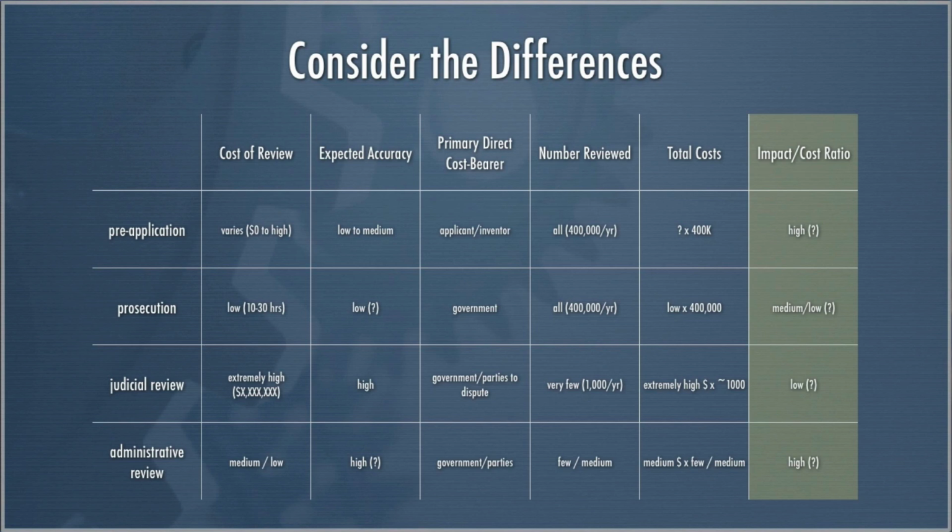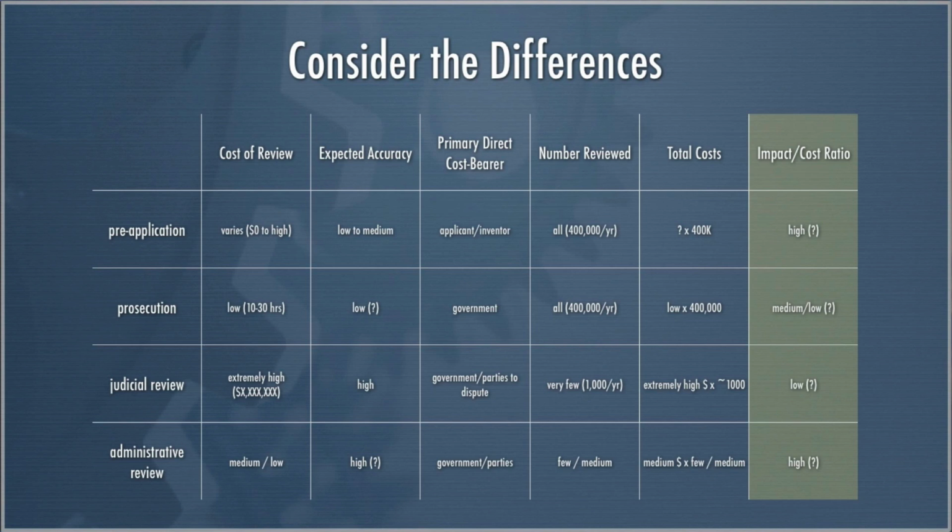And indeed, they probably don't even know which patents are the more important ones, and so they can't vary the impact. I think the judicial review approach has very low impact. There's just not enough patents that are reviewed. 1,000 a year is just nothing compared to the 400,000 that come in the door at the patent office every year. And so although the accuracy is quite high, the impact is quite low.